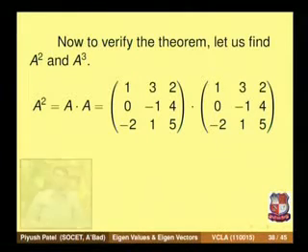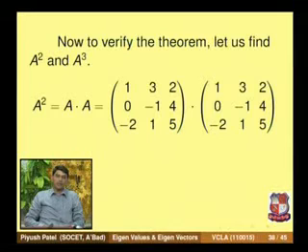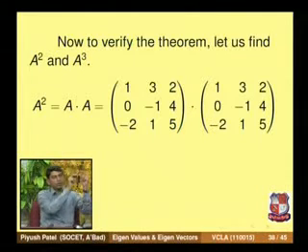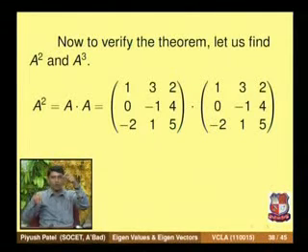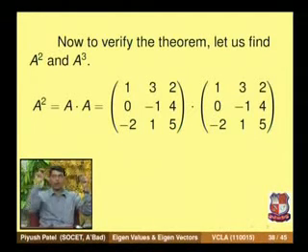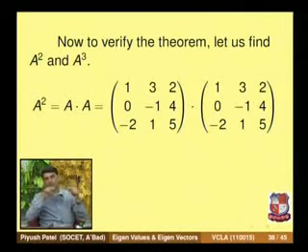How do we find the product of two matrices? The product of two matrices is again a matrix, and here the resultant matrix will be of the same order. For the first entry, the top left corner entry, we start from the first row of the first matrix and the first column of the second matrix. That will give you the first entry, then first row, second column, first row, third column, second row, first column, and so on you can calculate.